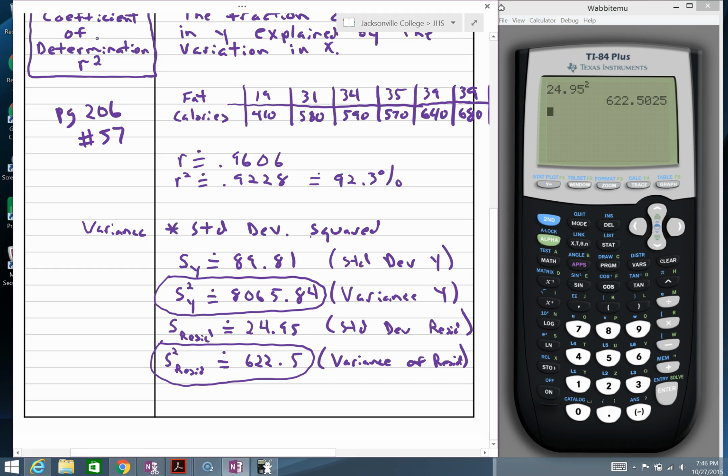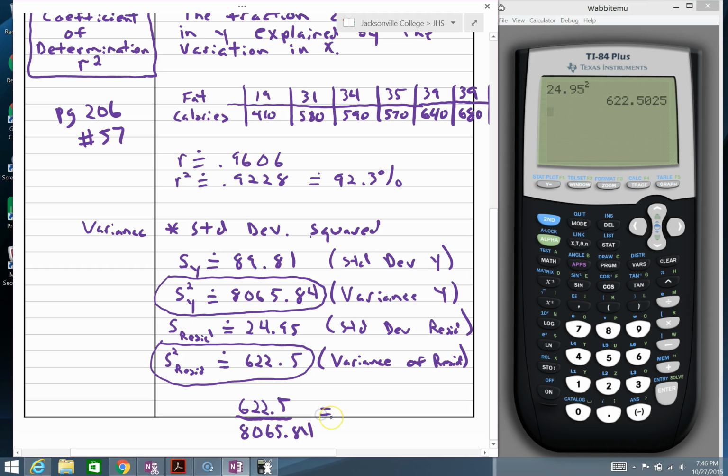Let's examine that. I'm going to look at this number here, 622.5, divided by this number here, 8065.84. This is my total variation in y. This is the variation that is not explained by the model, the variation in my residuals.